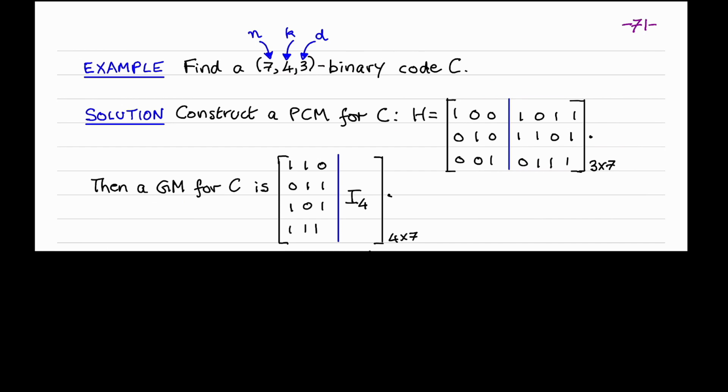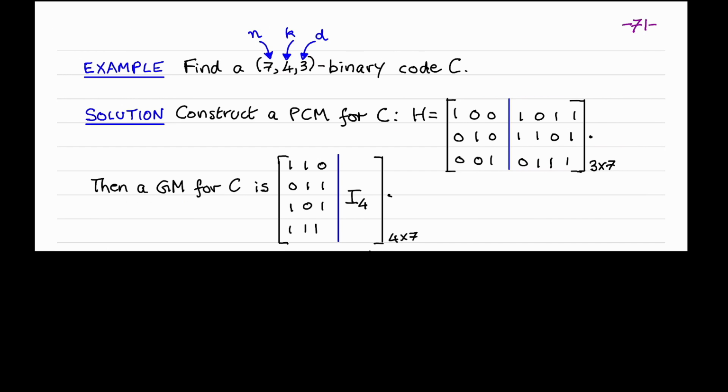And since C has distance 3, the columns of H must be non-zero, distinct, and some column of H must be the sum of 2 other columns. This will guarantee that H is a PCM for a binary code of length 7, dimension 4, and distance 3.